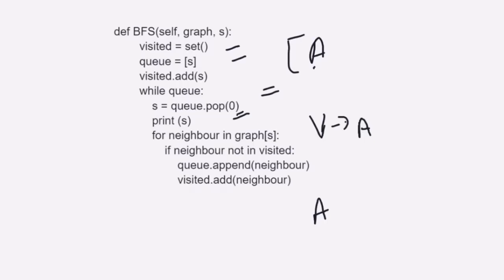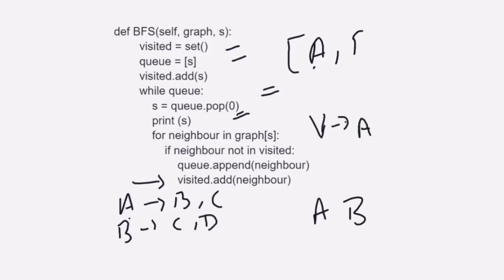And then for every neighbor of A in the graph, suppose your adjacency list was something like A: B, C, and then B: C, D. Now the important thing is you will first visit all of the neighbors of A. So for every neighbor in the graph, that's B. If B is not visited, you'll append it to the queue and add B to visited.